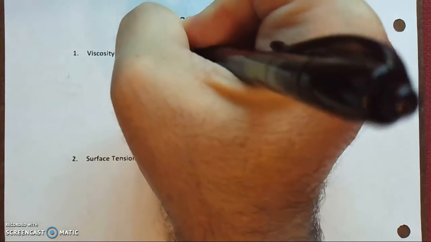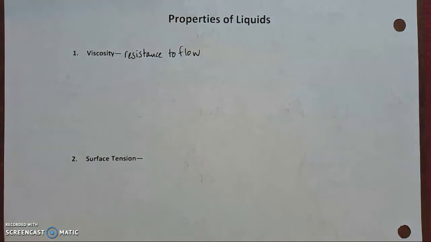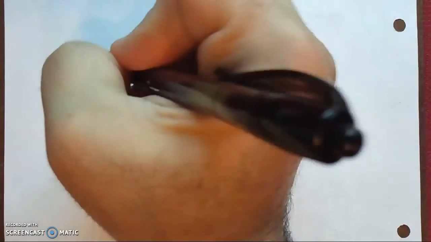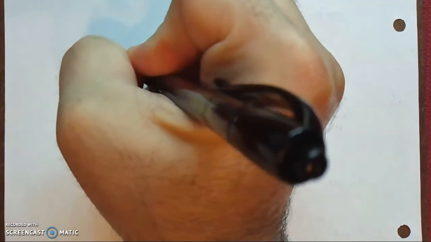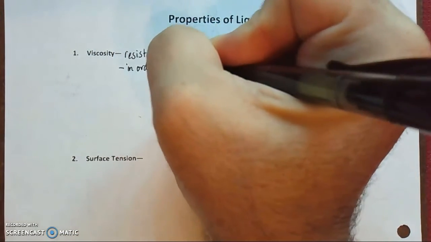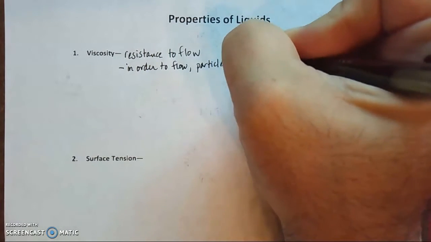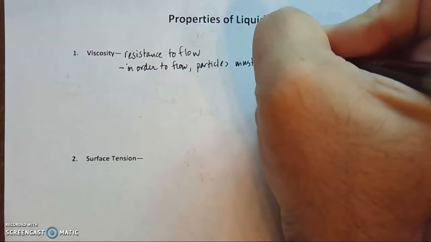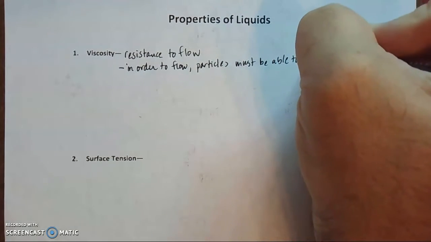So we know that liquids flow. Some liquids flow better than others. So in order to flow, the particles that make up the liquid must be able to move past one another.